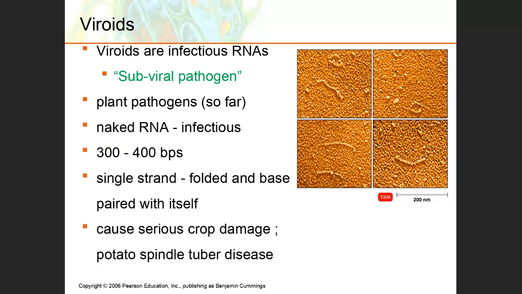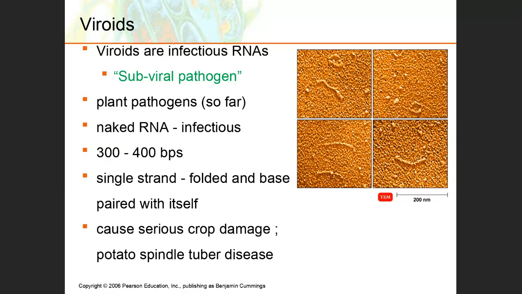So a viroid is simply a piece of RNA, and that's it. No protein associated with it, just a little piece of naked RNA. So sometimes these are referred to as subviral pathogens because they're less than a virus. They're just a little piece of RNA, no protein, and they're short, usually between 300 to 400 base pairs long.